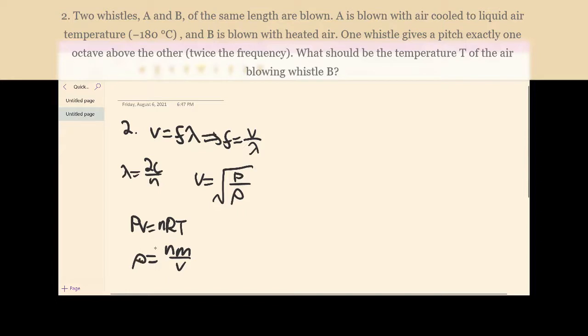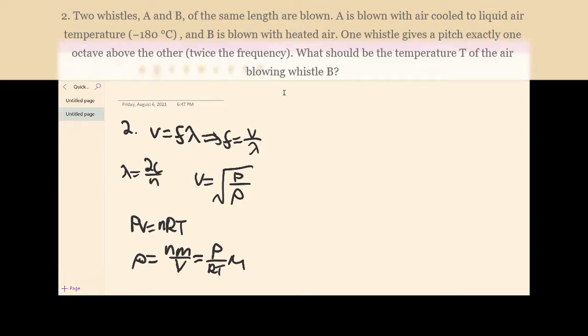This is because V is the volume, and so n times M would just be the mass, so this would be the density. If we look at n over V, we can see it is equal to P over RT. So this times M would be equal to the density.